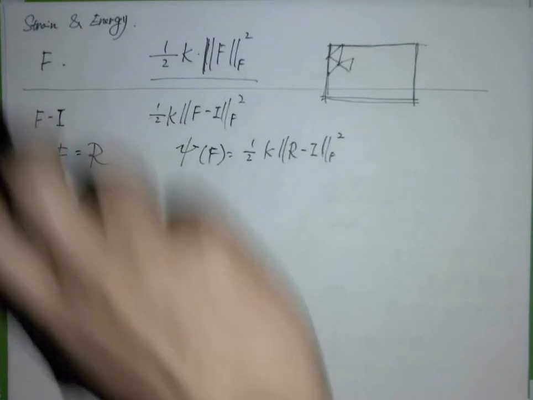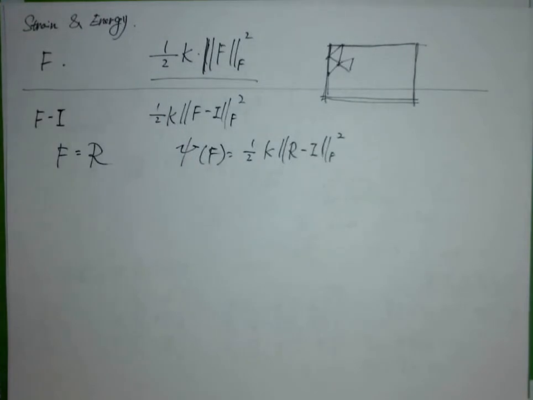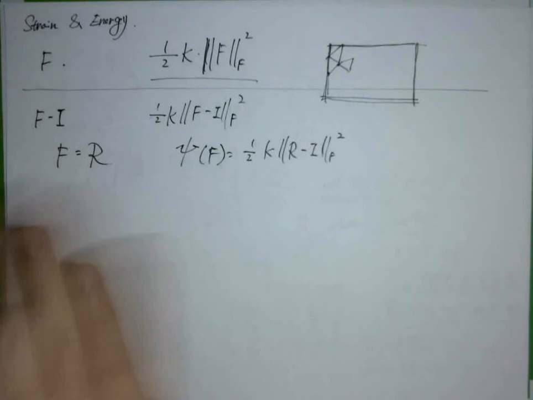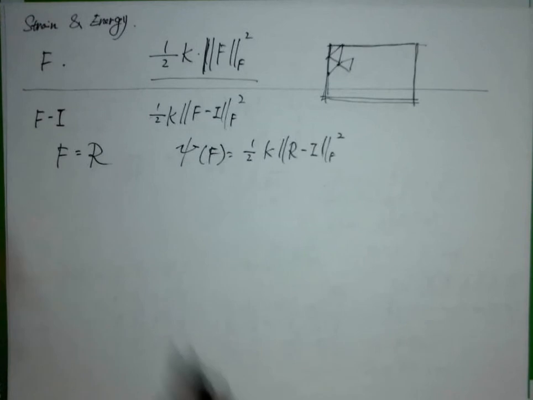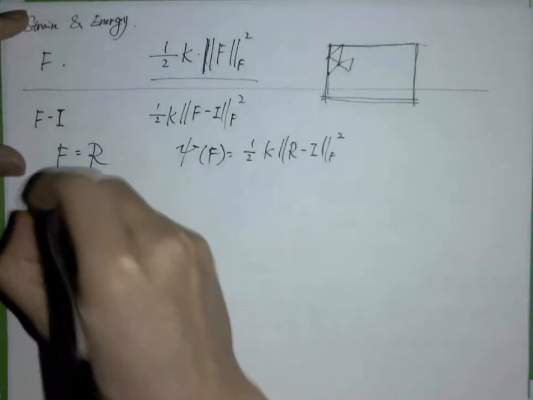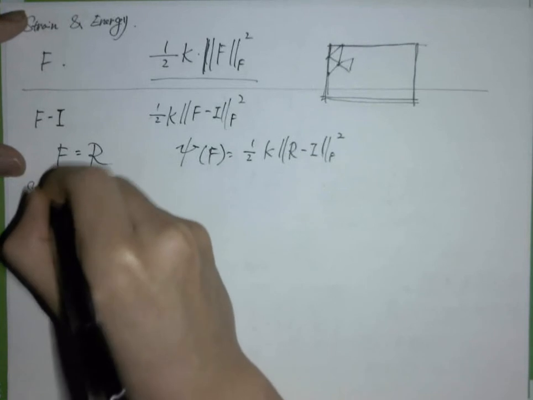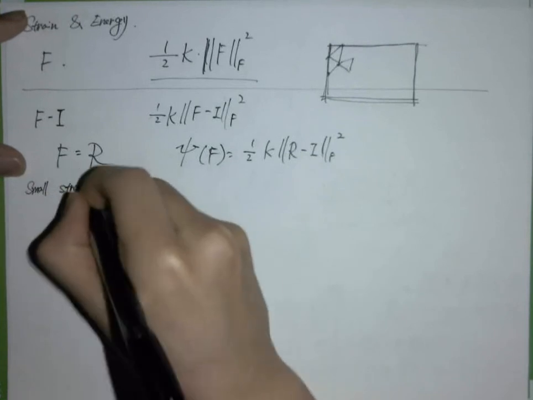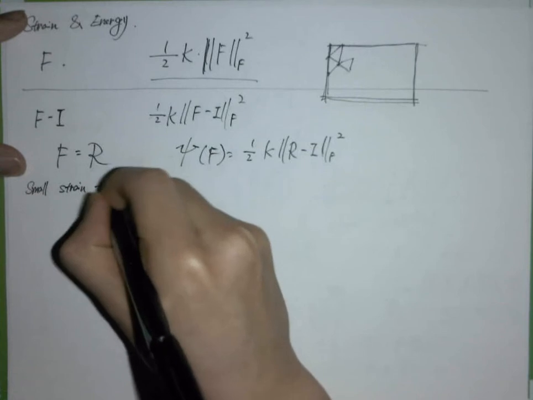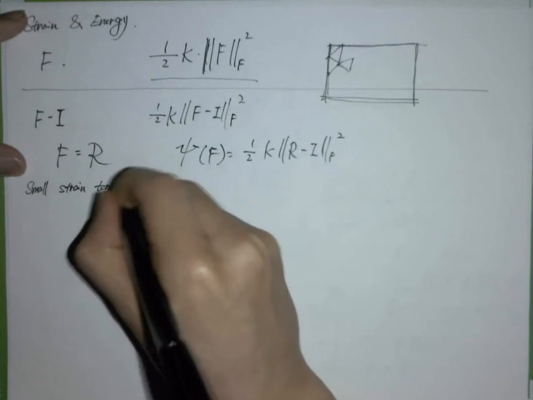It means it exerts some non-zero energy on a purely rotational deformation. It is not ideal, and there are a lot of papers in the early 2000s discussing this problem, trying to remove this rotation matrix from the energy. So the first one is called the small strain tensor.